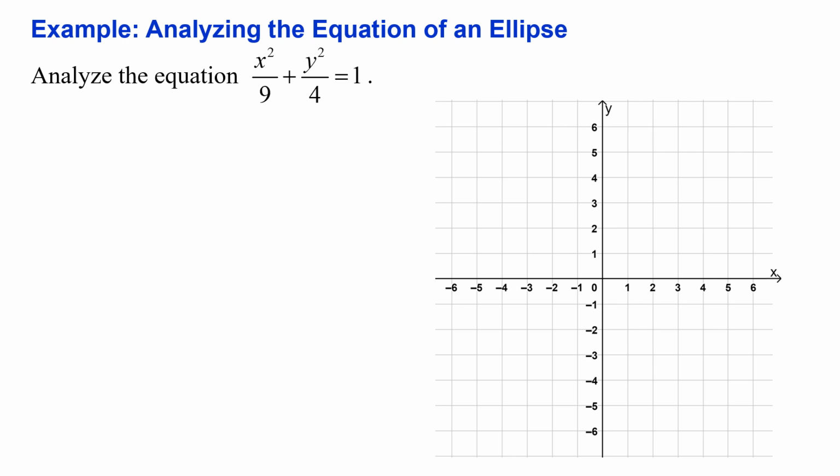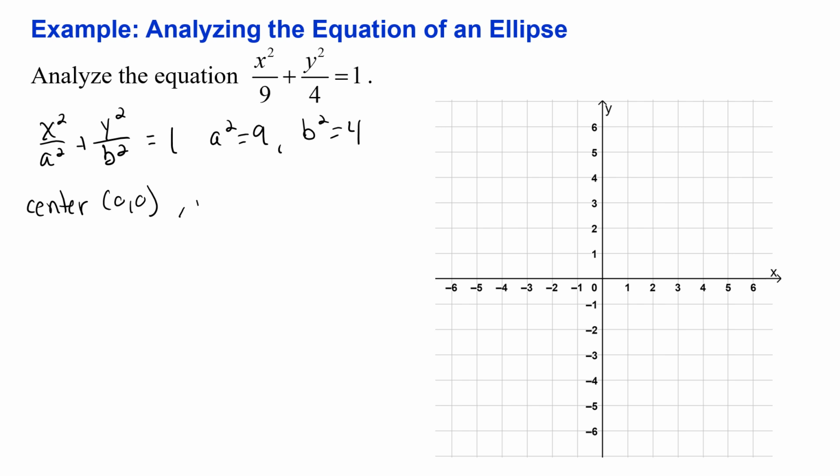Now, our equation has the form x squared divided by a squared plus y squared divided by b squared equals 1, where a squared is equal to 9 and b squared is equal to 4. Therefore, the equation represents an ellipse with center at the origin, (0, 0), and the major axis is the x-axis.